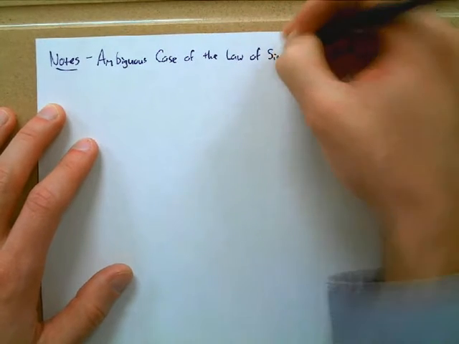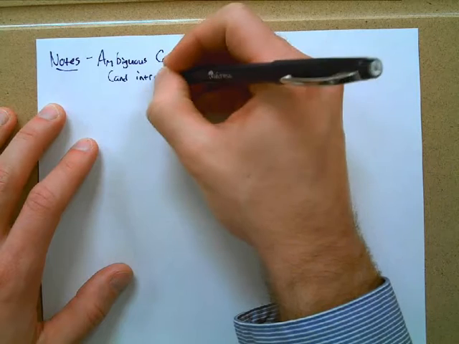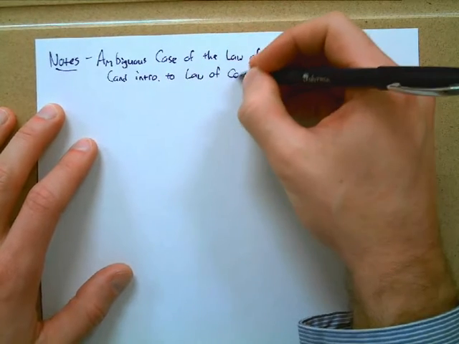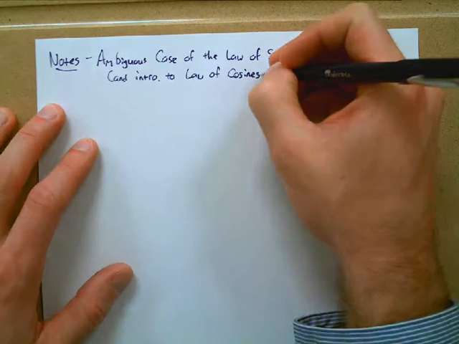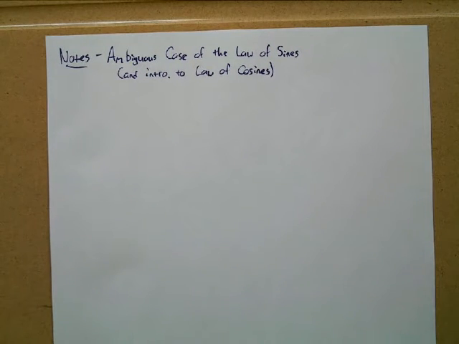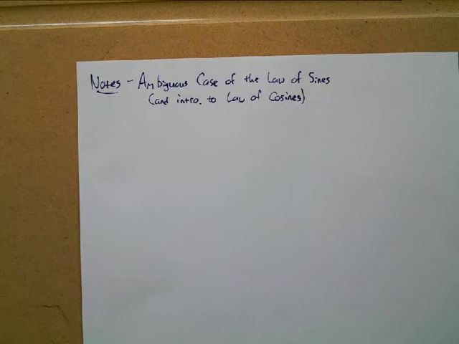Okay, and we're also going to introduce the law of cosines as well. So we'll examine the ambiguous case of the law of sines and also intro the law of cosines too.